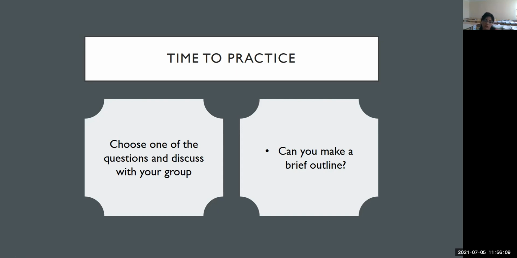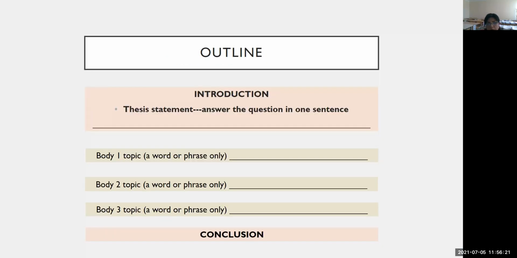So you should make up a structure of this paragraph according to the question given. So pay attention to the outline. First, you should include an introduction part, where there should be a thesis statement.